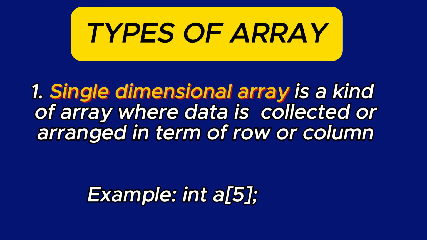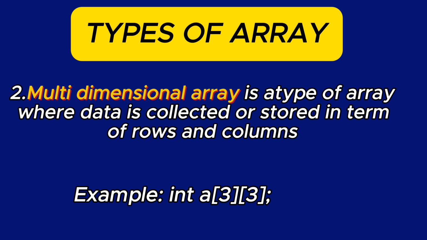Let us jump into the second type, which is the multi-dimensional array. Of course, the word multi means more than one. A multi-dimensional array is a type of array where data is collected or stored in terms of rows and columns.